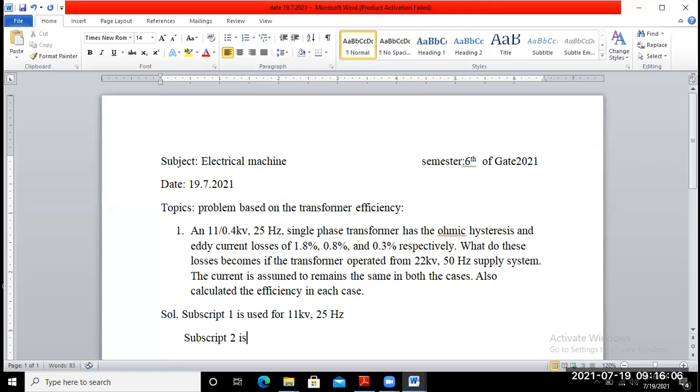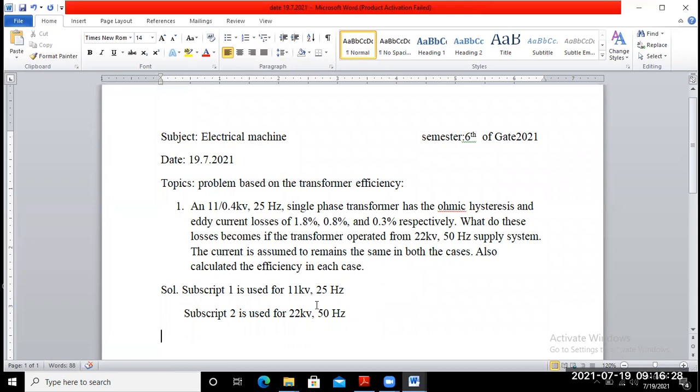Now you may observe that from these two conditions, 11 kilovolt and 25 hertz, and next 22 kilovolt, 50 hertz, the voltage becomes 2 times the previous one.